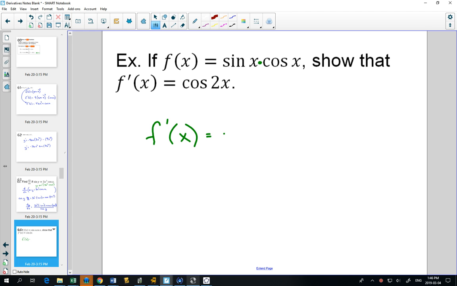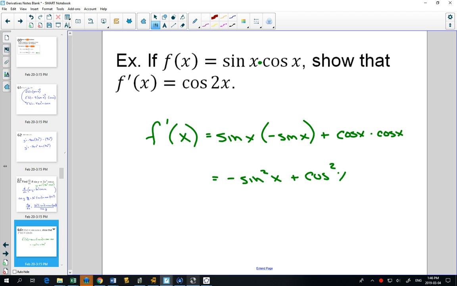Product rule says keep one the same, do the derivative of the second one. The derivative of cos is negative sine, plus keep the other one the same, and the derivative of sine is cos. So we're going to get negative sine squared x plus cos squared x.